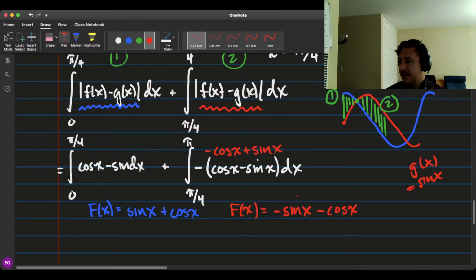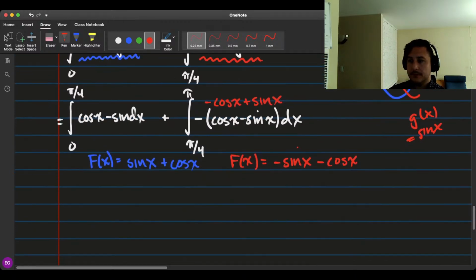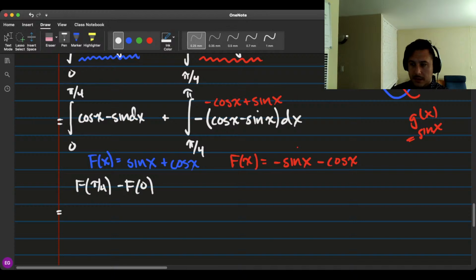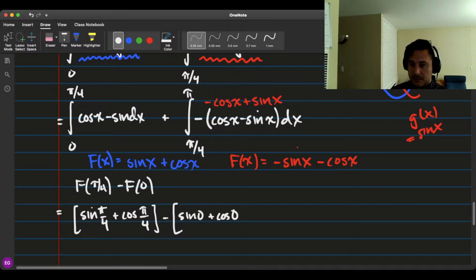Okay, now you plug in the values. So I want f of pi over 4 minus f of 0. Okay, so I'm going to get sine of pi over 4 plus cosine of pi over 4, minus sine of 0 plus cosine of 0.